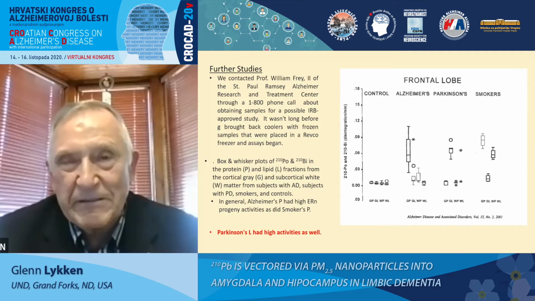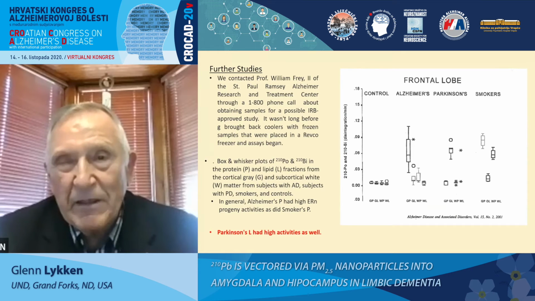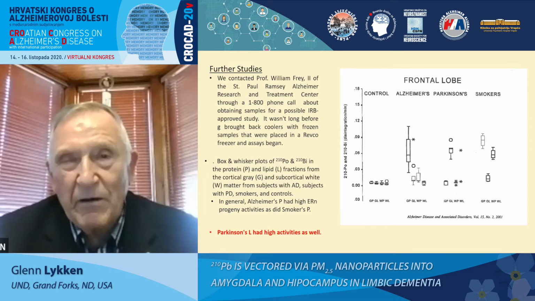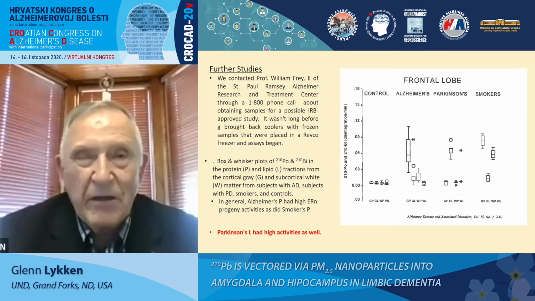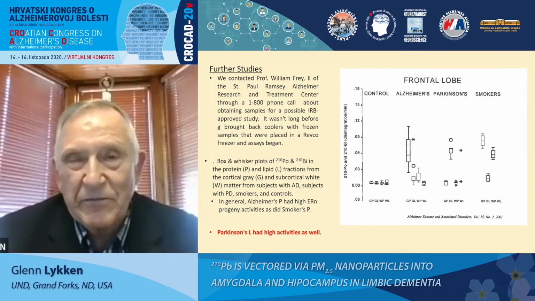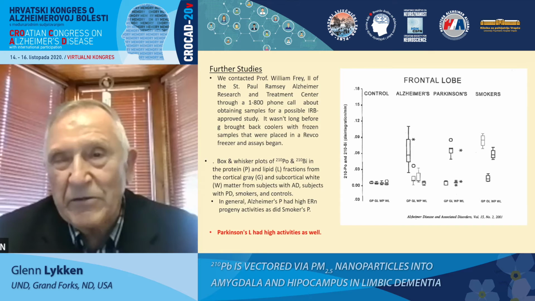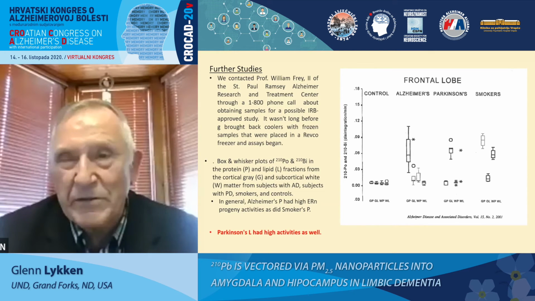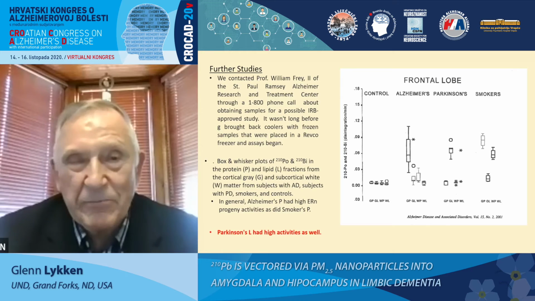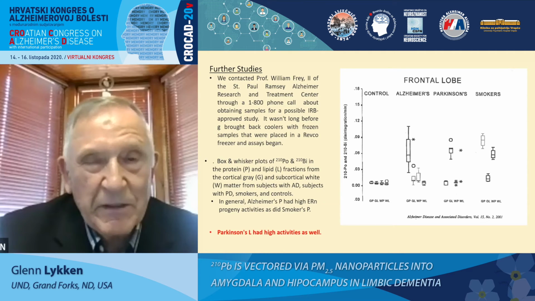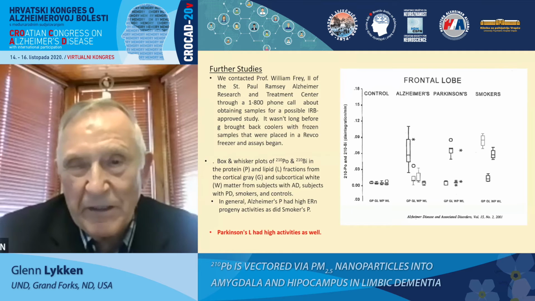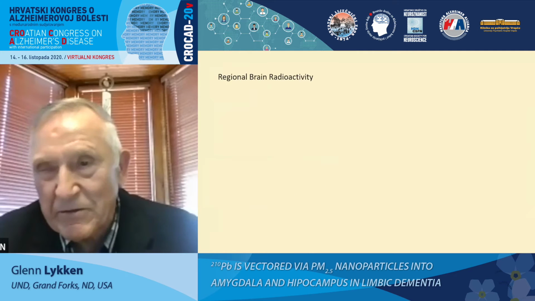But when you go to Alzheimer's disease, the protein is high in bismuth and polonium, which are daughters of lead-210. Okay, so notice then that smokers, we know that there's polonium-210 in smokers. You'd expect a lot in the smokers. So these are some plots we did, and we published this in 2001.